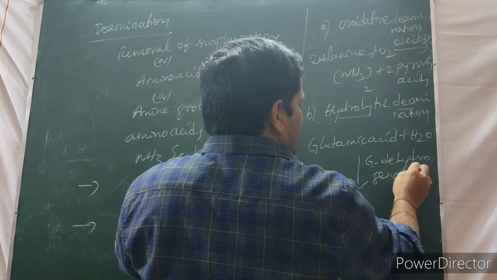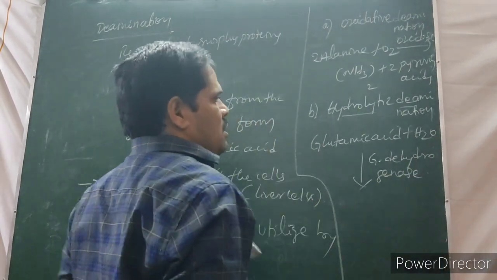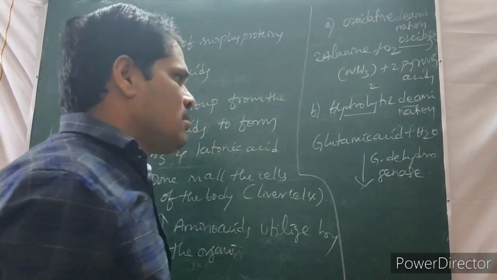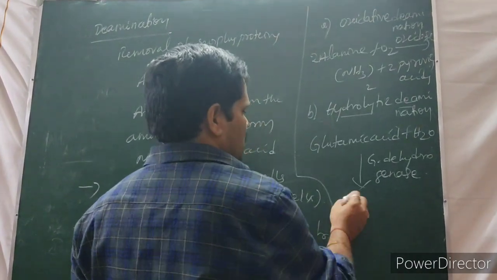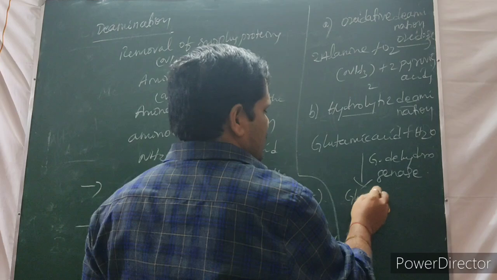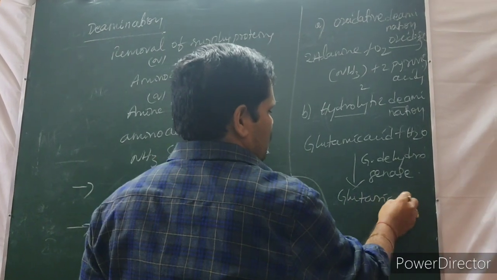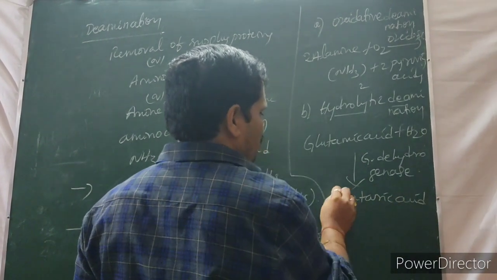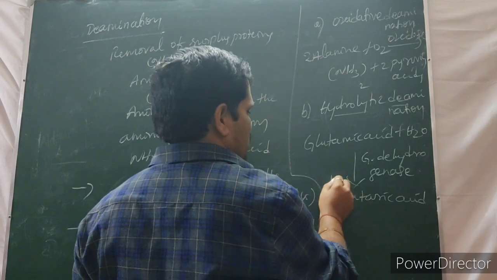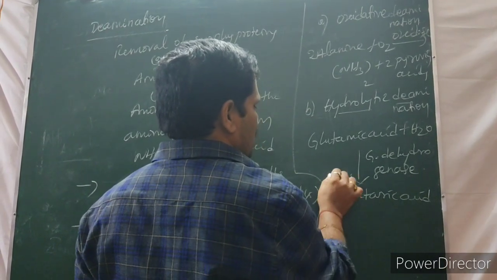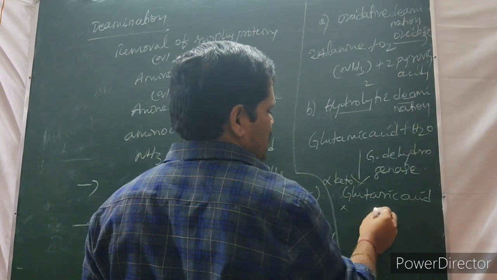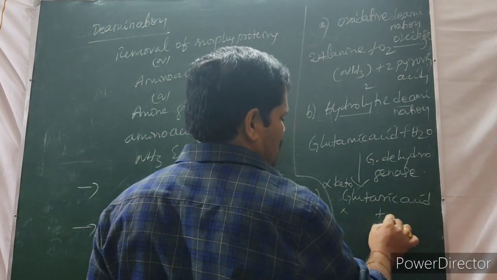This enzyme acts on the glutamic acid, which is split to form alpha ketoglutaric acid along with ammonia.